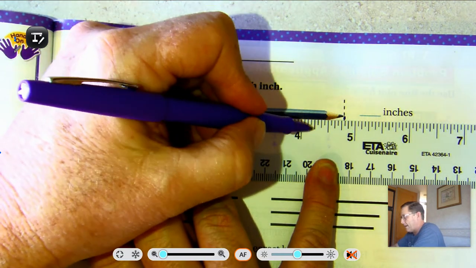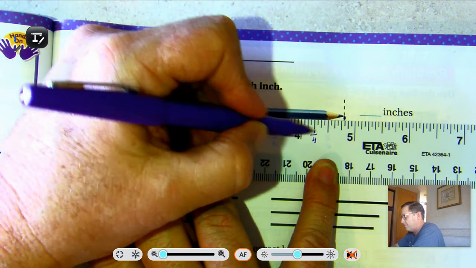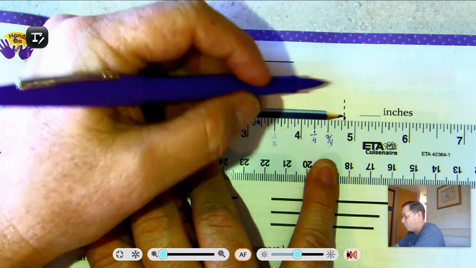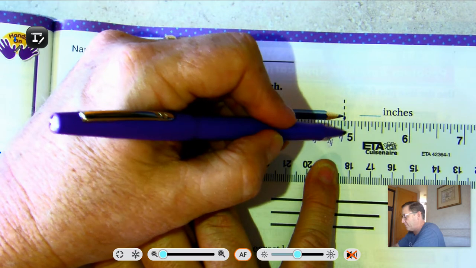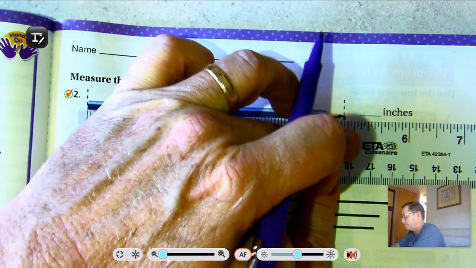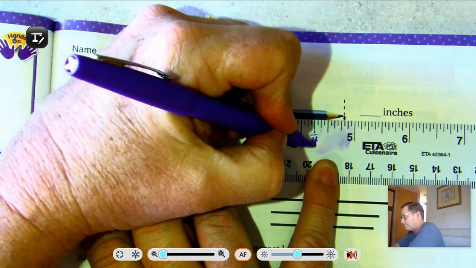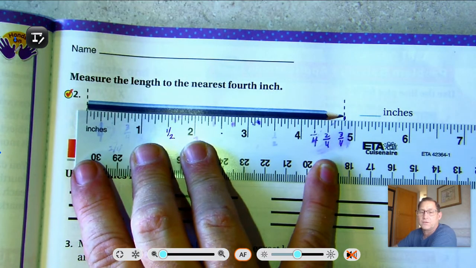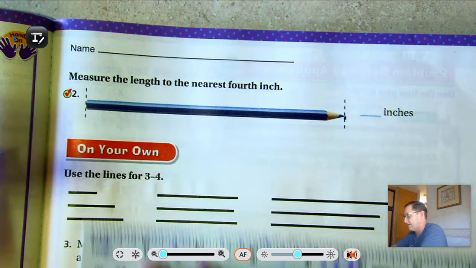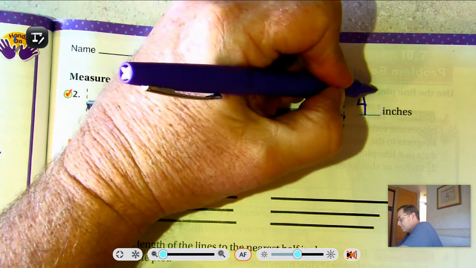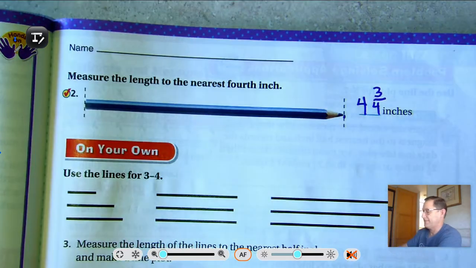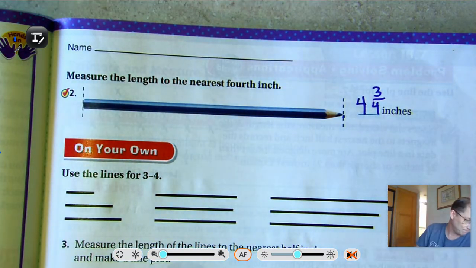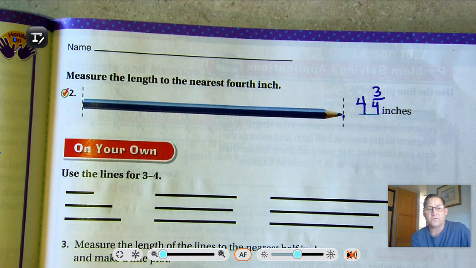So it's 4 and 1/4, 4 and 2/4, 4 and 3/4. So what is it closest to? Well, it's almost sitting right on 4 and 3/4. So I'm going to say 4 and 3/4 inches.